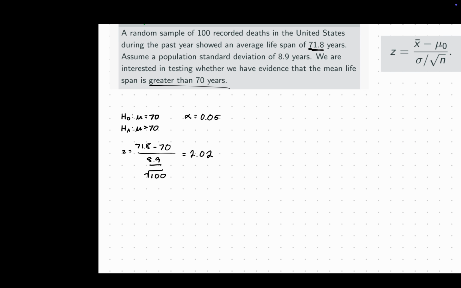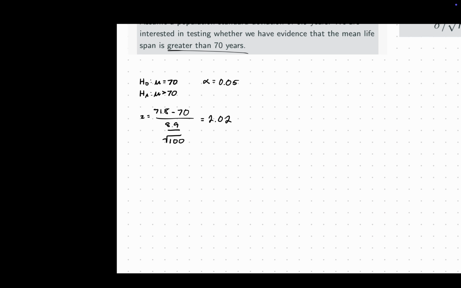And now we can check our probability. If we calculate the probability of z being greater than 2.02, we can use our z table for this, and we should get that it's equal to 0.0217.